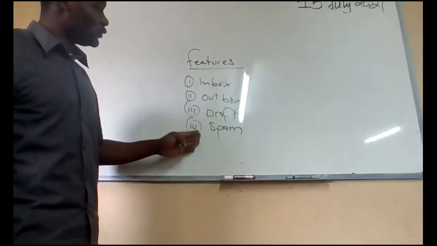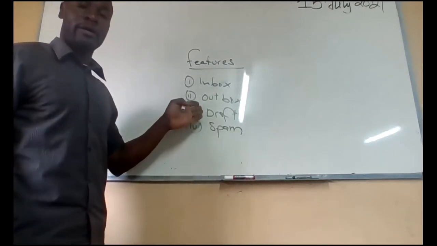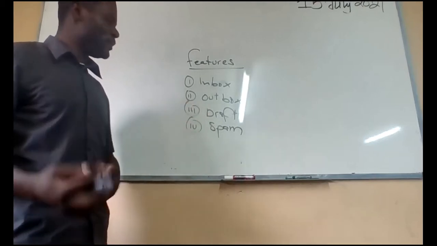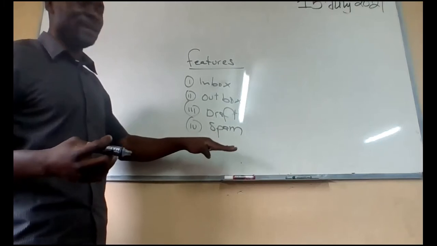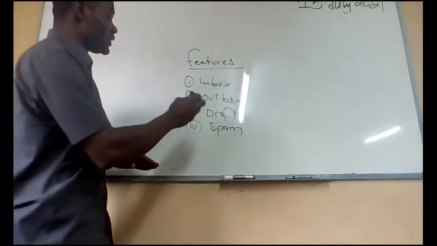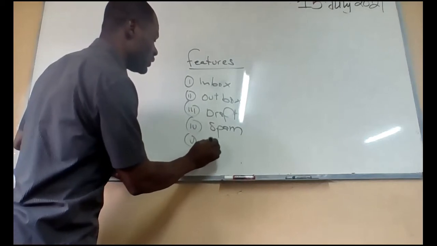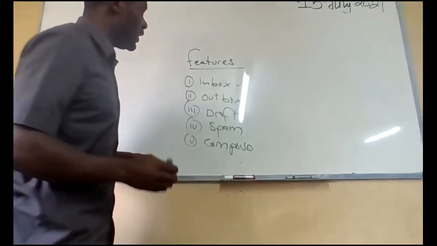There are others which you can record. Just open your email address and try to see what is contained in there. But these four are very common. And obviously you need to have the compose box. Let me start with the inbox.